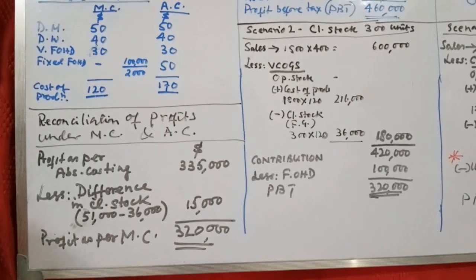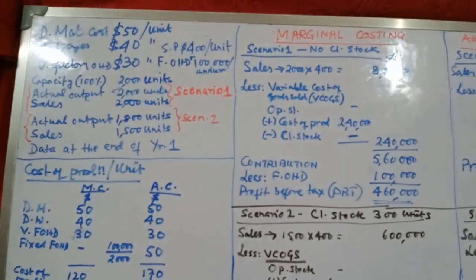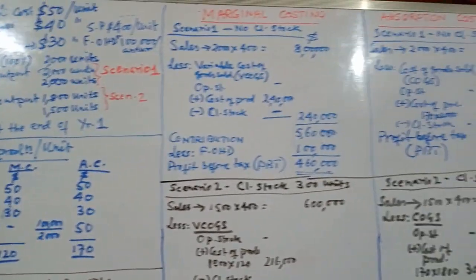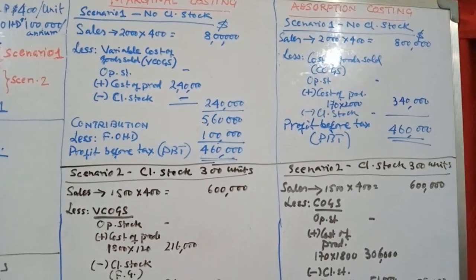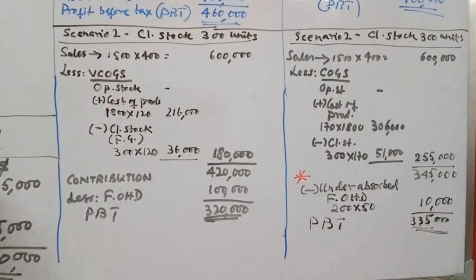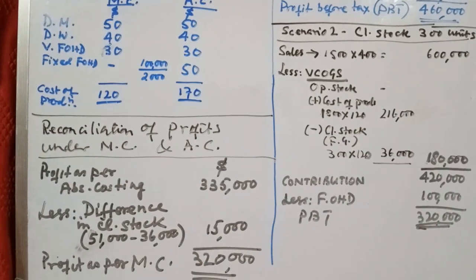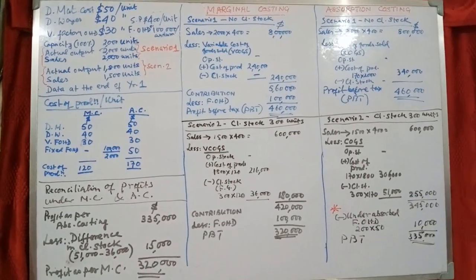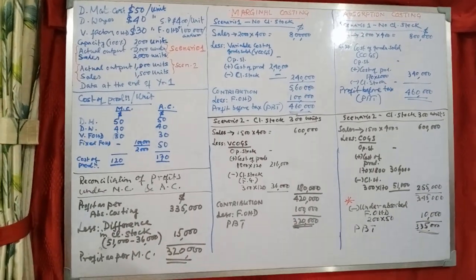So, what have we learned in this video? We have learned that marginal costing and absorption costing both are methods of costing because both methods are used in finding out cost of production, cost per unit, and to value the closing stock. In addition to that, marginal costing is also a technique of costing because marginal costing provides us many useful tools, for example, break-even analysis, CVP analysis, etc. for making decisions.